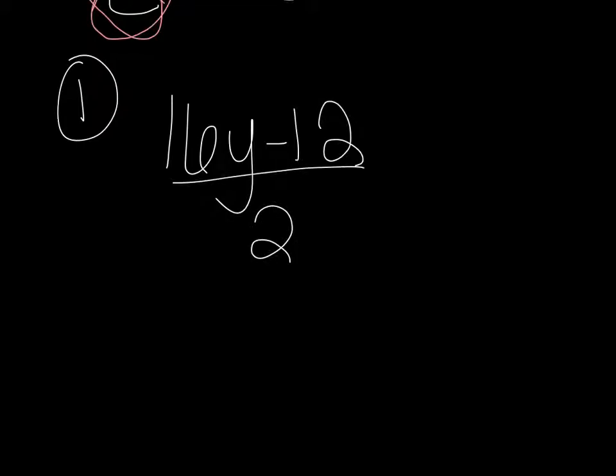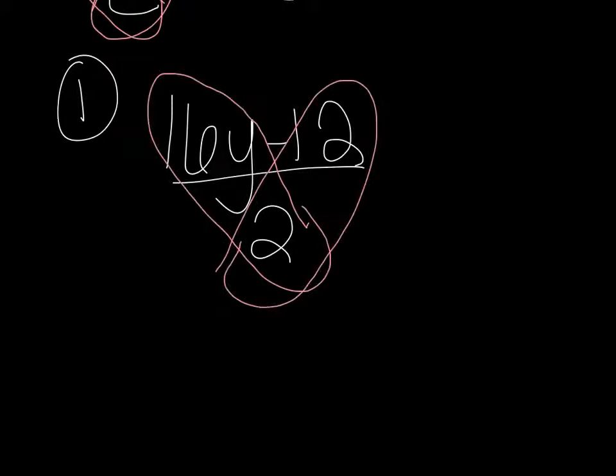These examples start out pretty easy. Let's simplify 16y minus 12 over 2. To use our butterfly rule, it means I need to divide each piece in my numerator by my denominator.